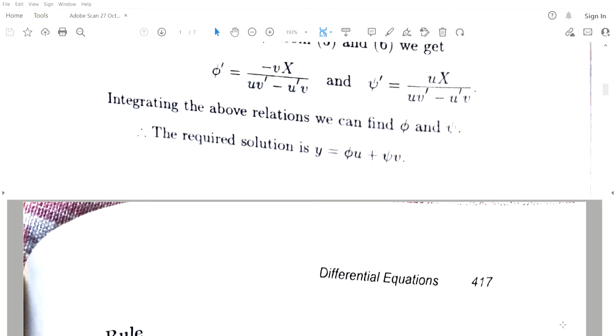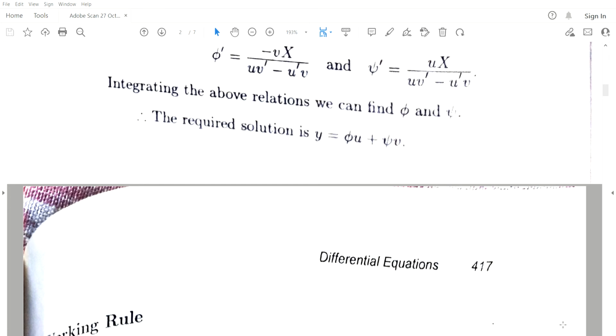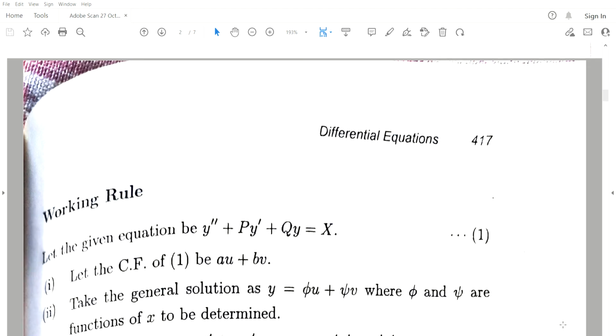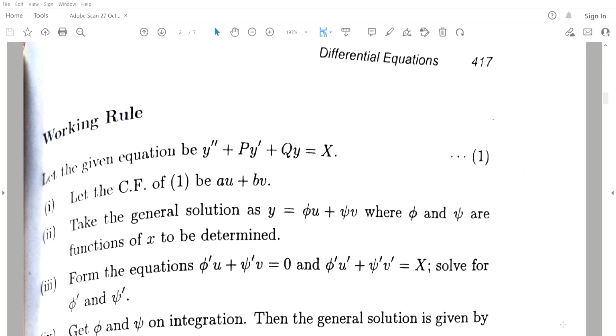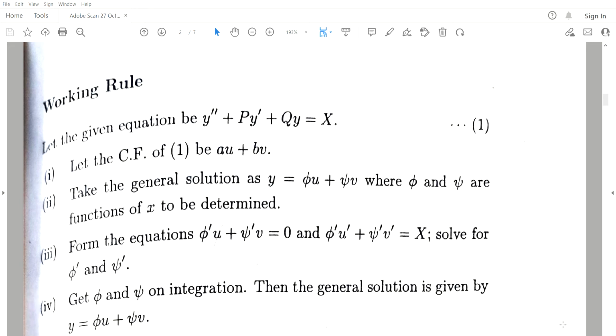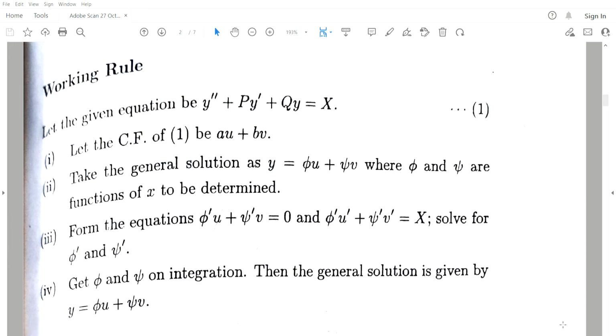This is the theory of variation of parameters. Since we have changed the constants into functions, it is named variation of parameters. Now there is a working rule for how to solve the given differential equation. These are the four steps by which we can solve the given equation using variation of parameters.